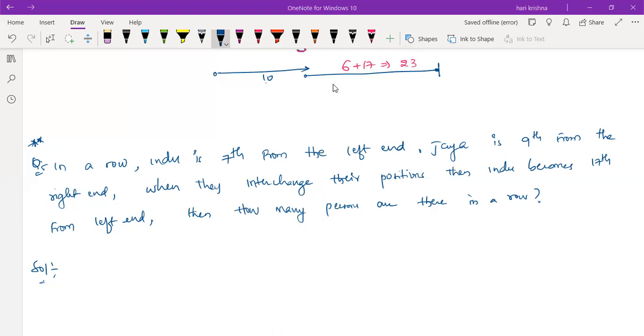This is correct. No. Check it once again. Small error is there somewhere. Just check it.